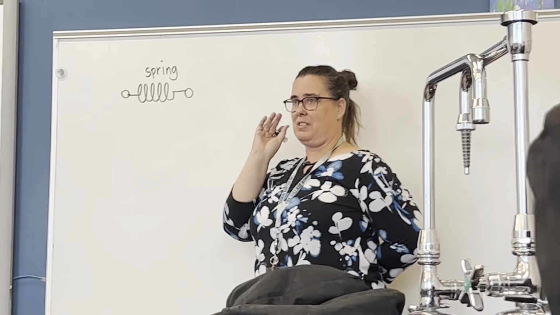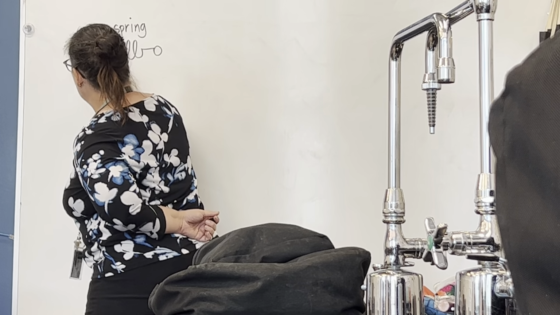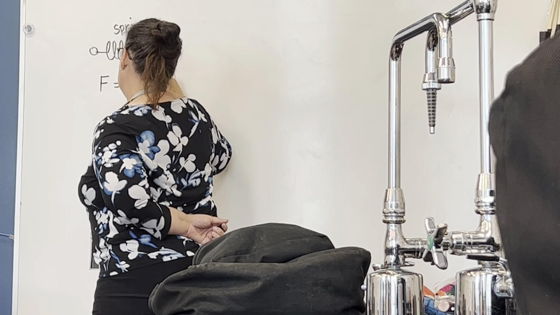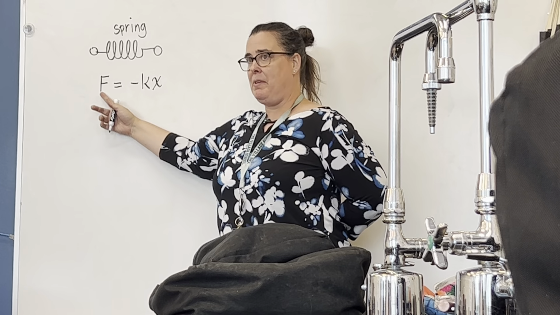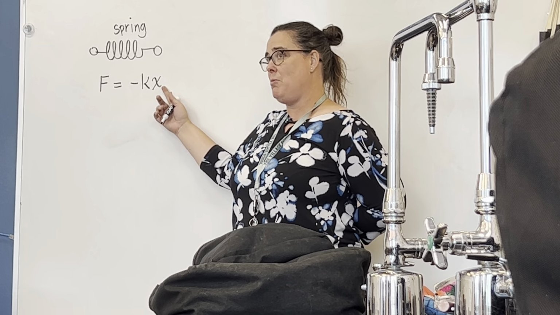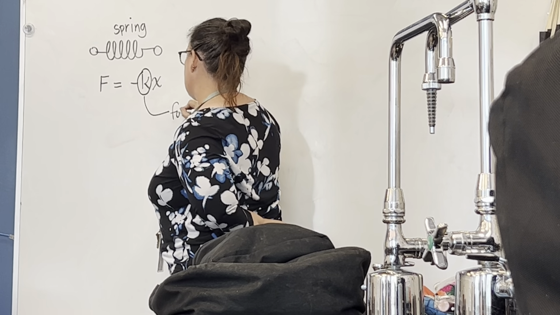He probably knows more about springs than any of us, so we're just gonna keep this as low-key as possible. I'm gonna tell you a few things. I know that Hooke's law tells me that there's a relationship between how hard I pull, the force, and how much this thing moves, the displacement. And this thing is called the force constant.